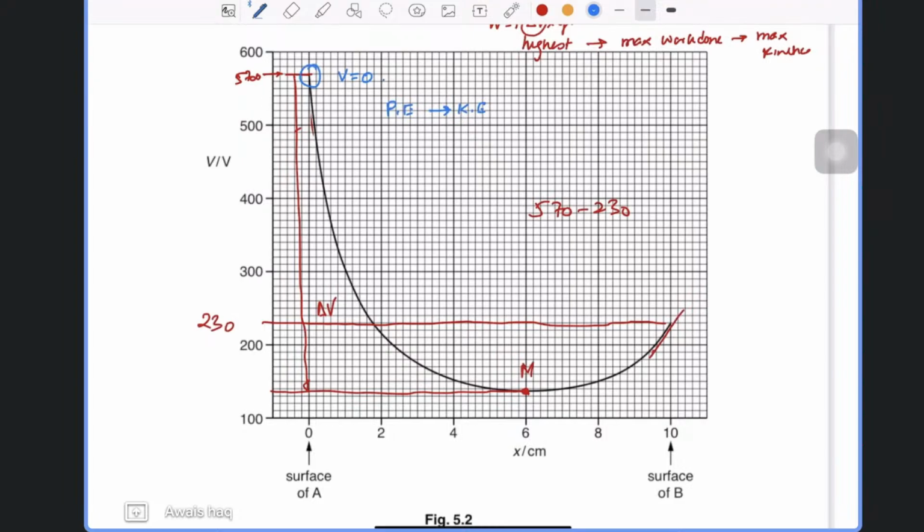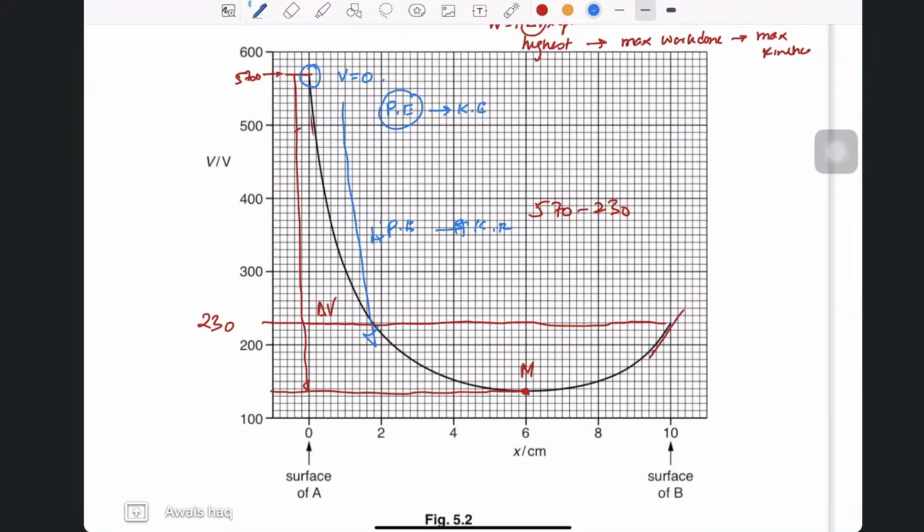How is this charged particle getting speed? Because potential is decreasing, so potential energy is decreasing and you're gaining kinetic energy instead. That causes the law of conservation of energy to hold. Do you understand? Yes, sir, I got it.